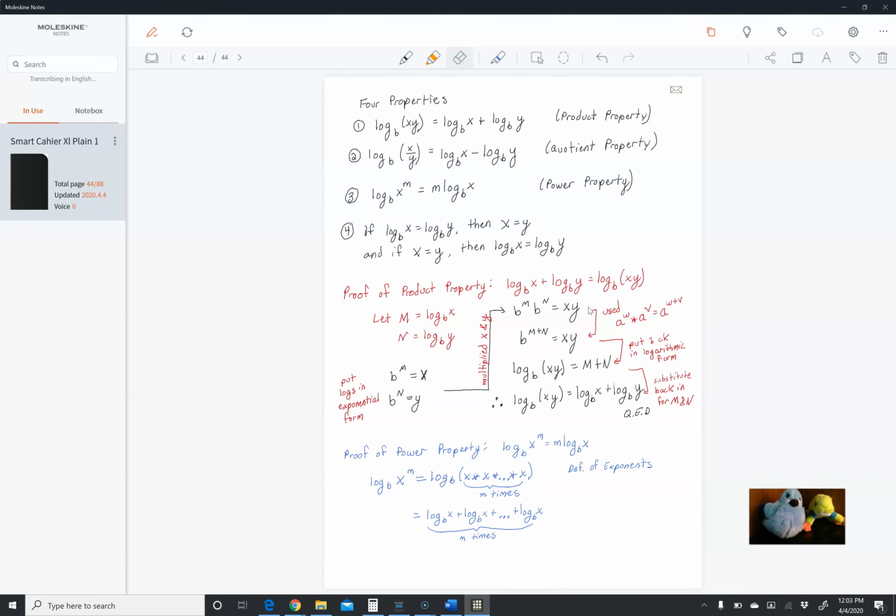And this comes from log base b of x times y. It's saying we can split it up into addition. Because of that, a short way of writing something that's being added m times is just to multiply it by m.